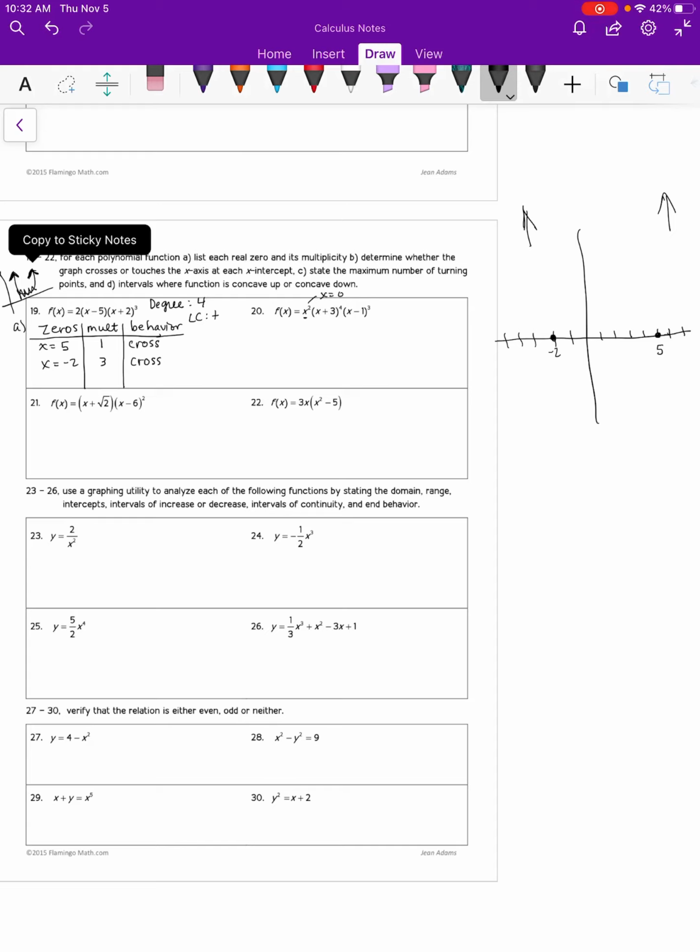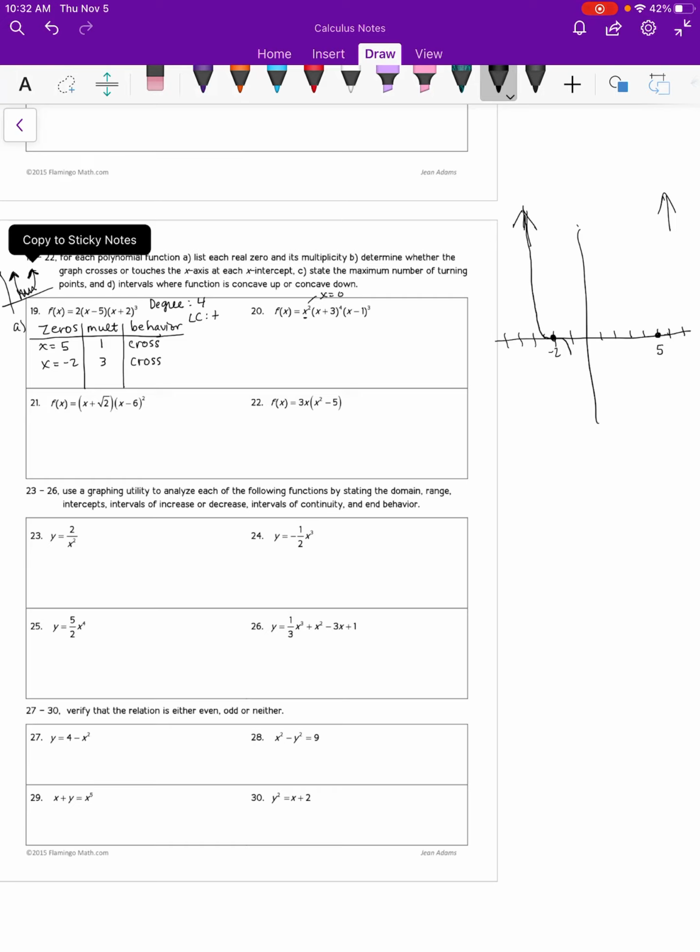Now, look at this 3rd degree though. The multiplicity is 3, so remember what I said about that. That is where your concavity is changing. So it does flatten out there at your -2. So that's something to remember.